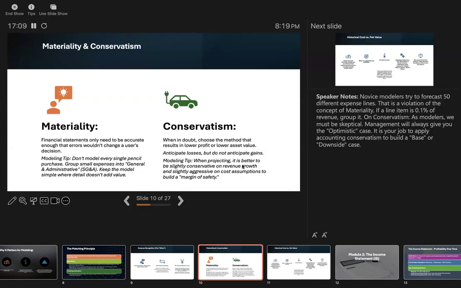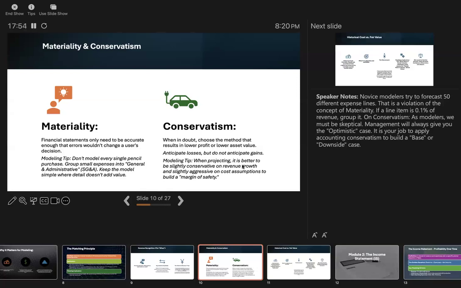These are small elements that, instead of having them on your financial statement as headline elements, you can aggregate instead of having a single line. So financial statements only need to be accurate enough that errors wouldn't change a user's decision.